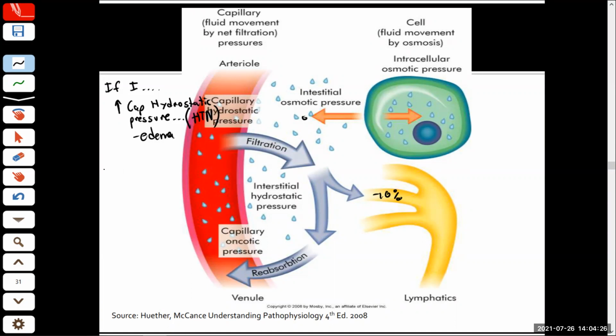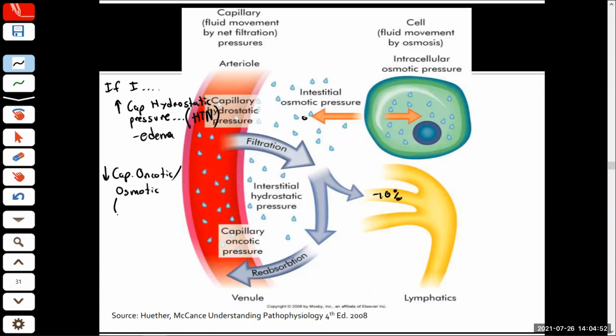If I decrease capillary oncotic osmotic pressure. So let's kind of break it down. What's going on here? Decrease in the capillary oncotic osmotic. It means I have less protein and less salt in my blood. What organ was responsible for putting that protein and salt in my blood?